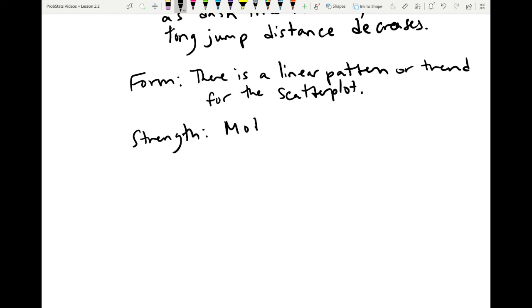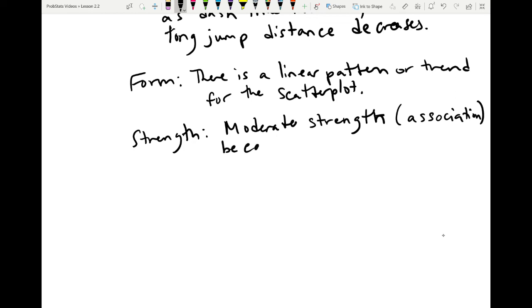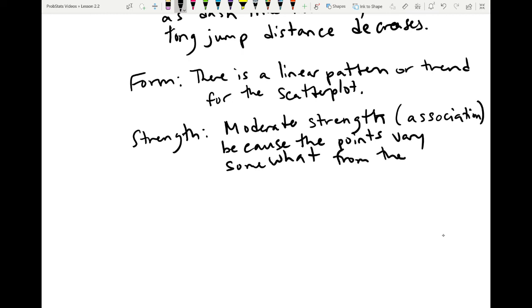So the association is of moderate strength, because the points vary somewhat from the linear trend.